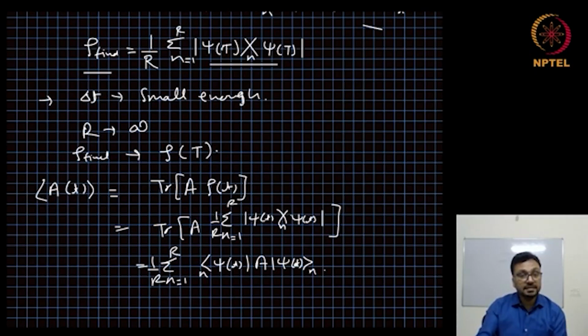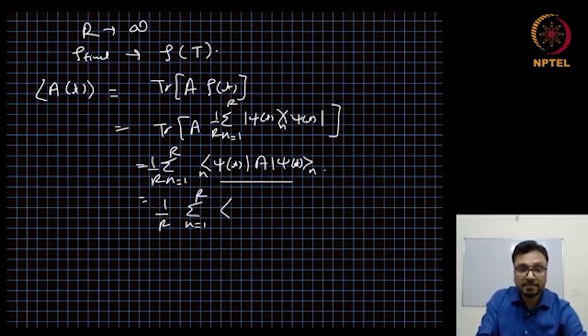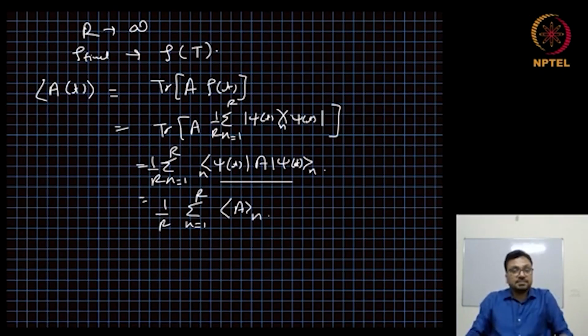So it means it is the average of the expectation value of A in each trajectory at every time.